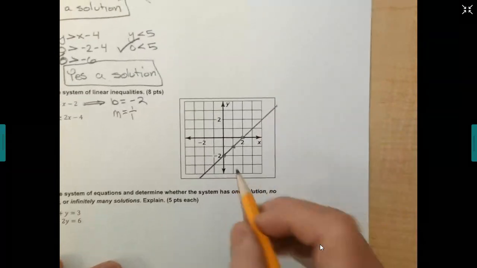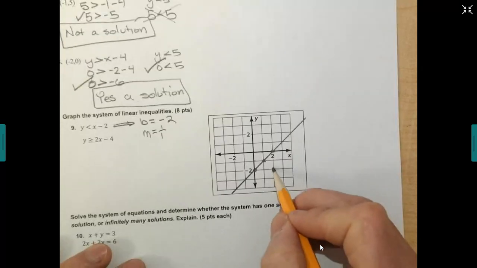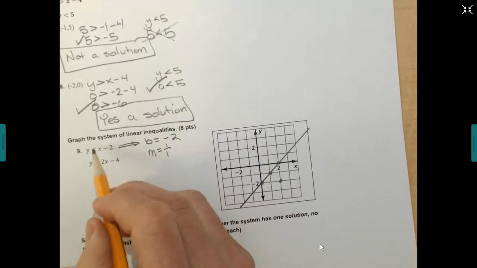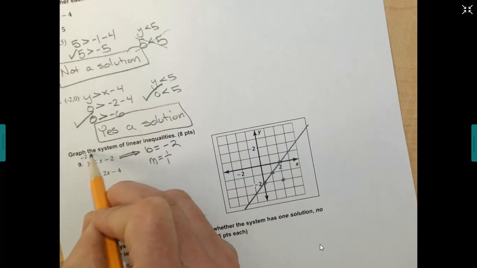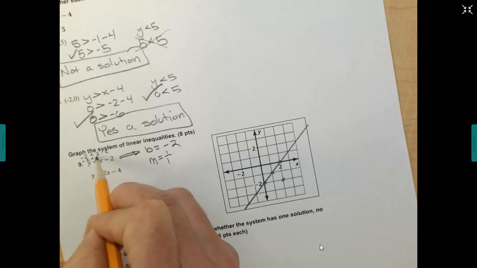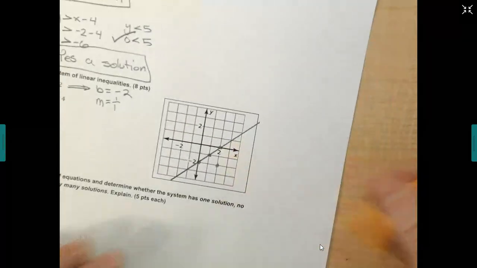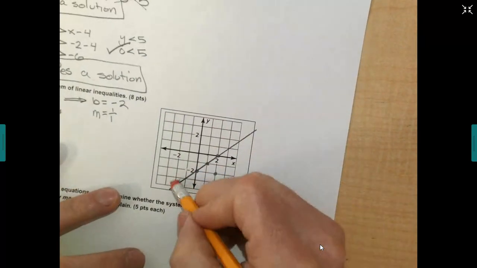So I'm going to test a 2, negative 2. So I'm going to test this point. So, negative 2 is greater than 2 minus 2. Negative 2 is less than 0. So that checks out. So, oops, I almost messed up.